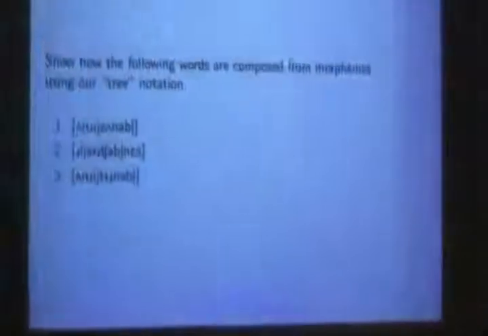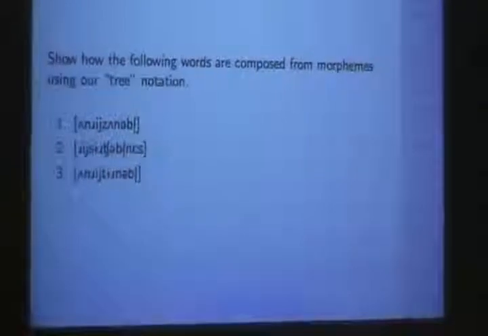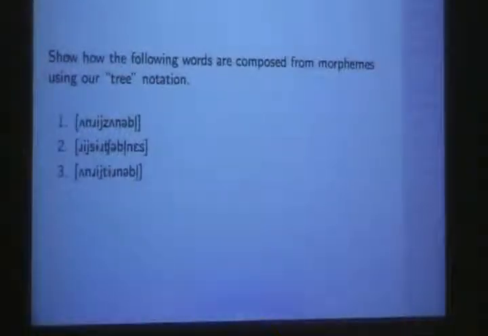I give you a series of words in English. They're kind of longish. I think they're all real words. And I ask you to parse these words, to show me what morphemes they are made up of. They're made up of morphemes that we've learned in this class. And to give me a representation of these words that uses that tree notation that indicates which two morphemes have come together and which morpheme has been added to the result of those first two, and so on.